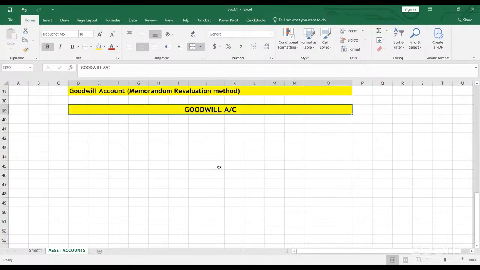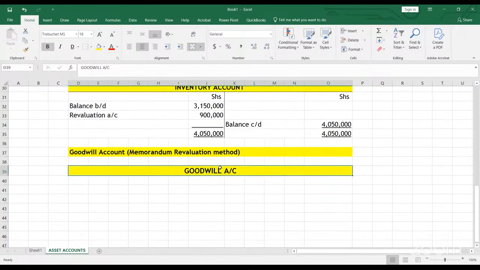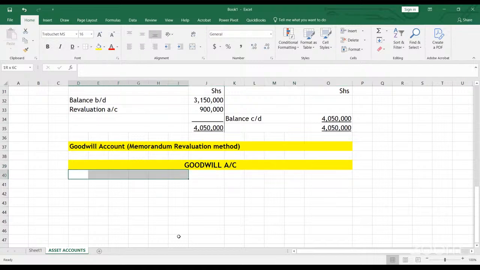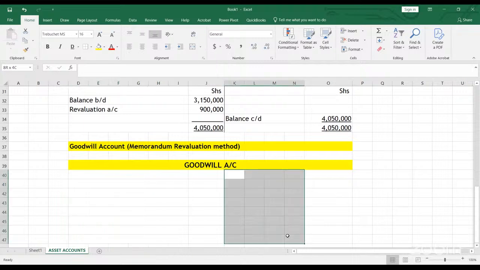Goodwill account, which I'm trying to come up with. This is our Goodwill account.